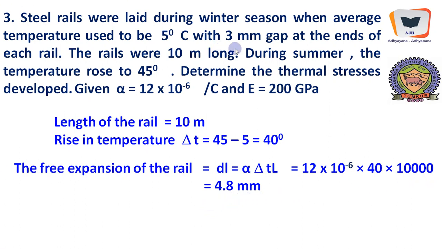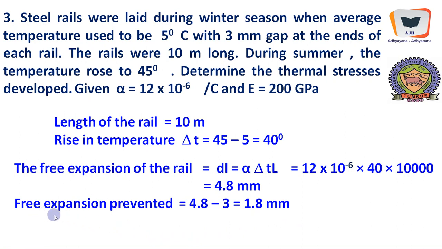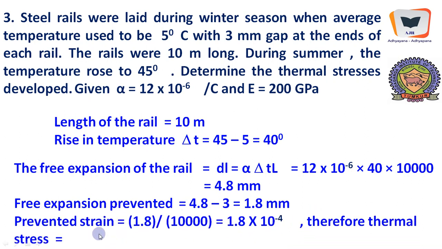But the allowance is made only for 3 millimeter. Therefore 1.8 millimeter is prevented. Therefore the thermal stress is equal to the value of the stress which is required to cause the prevented change in length. That is, the prevented change in length is 1.8 millimeter. That's how we calculate. So free expansion prevented is 4.8 minus 3, 1.8 millimeter.